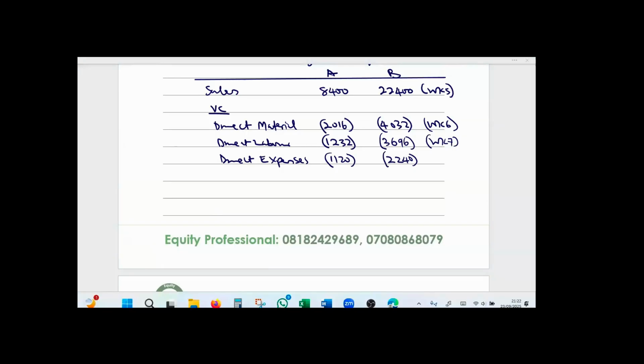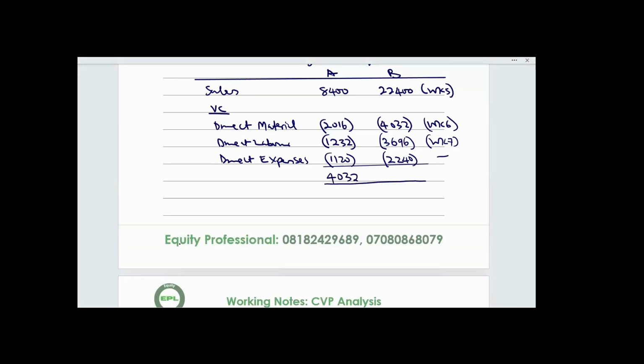Okay, so then we get the contribution margin for each product. For A: 8400 minus 2016 minus 2352 minus 4032... contribution margin is 4032.